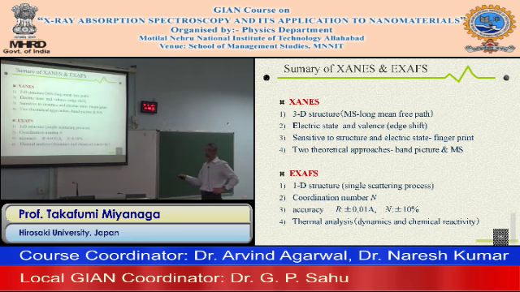Of course, the theoretical calculation of ZANES is very difficult, but it is usable as a fingerprint. The standard model is here, and our unknown spectrum is here. So which is fitted? And two theoretical approaches exist: band pictures and multiple scattering pictures.